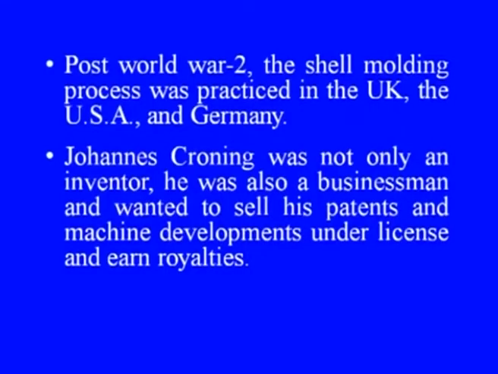Post World War II, cell molding process was practiced in the United Kingdom, the USA and in Germany. Johannes Kroning was not only an inventor, he was also a businessman, and he wanted to sell his patents and machine developments under license and earn some royalties.